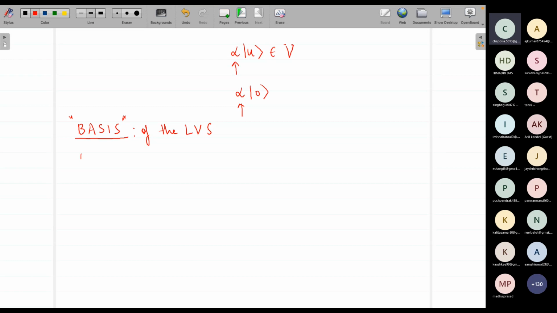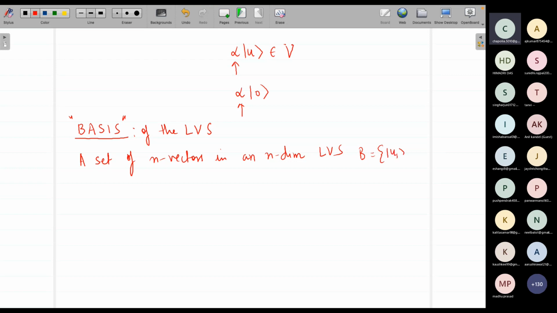So a set, let's say, of n vectors in an n-dimensional linear vector space. I have a habit of writing something, so let me just use that.